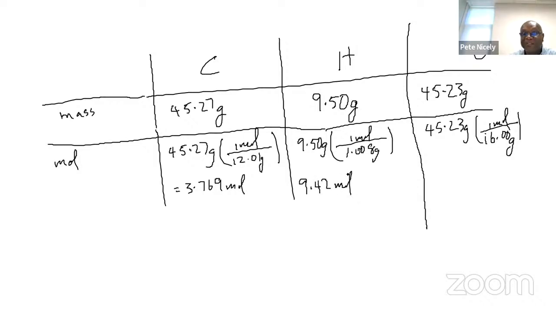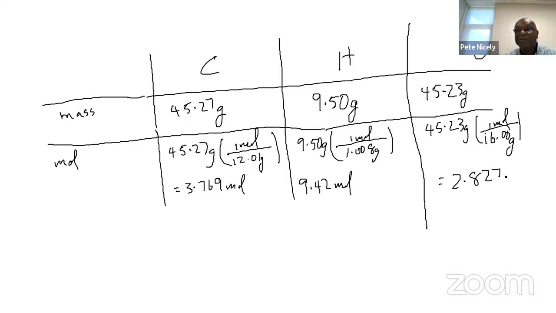And in the case of oxygen, 45.23 divided by 16 works out to be 2.827.